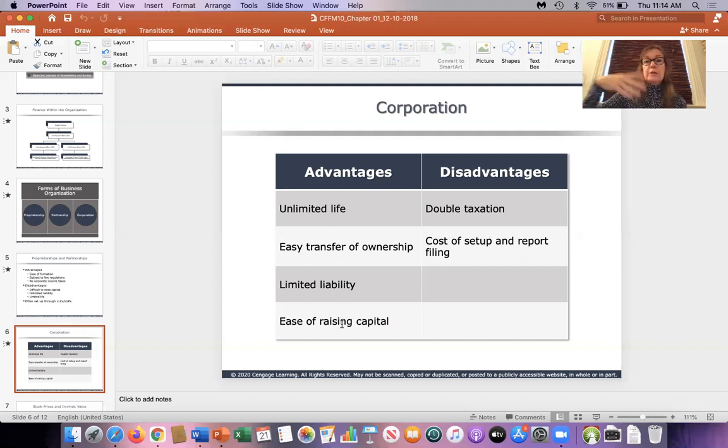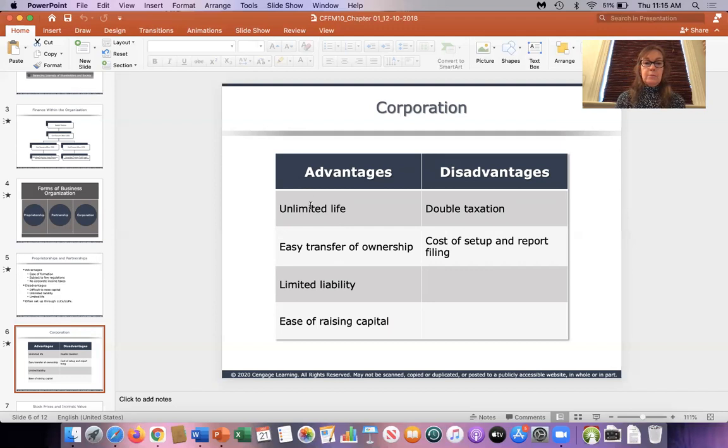So if they want to really expand, they can incorporate. You're all familiar with Ruth's Chris Steakhouse. That was a sole proprietor. They incorporated as a privately held corporation and raised a bunch of capital. Now they have Ruth's Chris restaurants all over the world. And then they went public and it's a publicly traded company now.